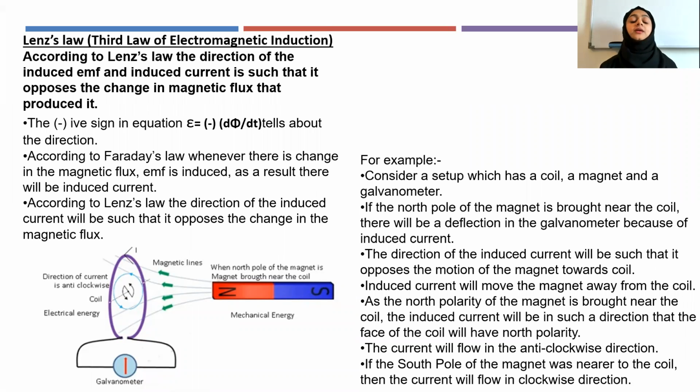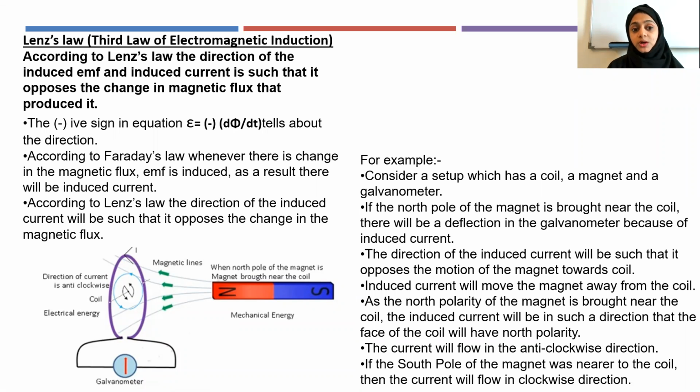Okay. Faraday initially only told about the magnitude of EMF, and the formula that directly comes from Faraday's law is that EMF is d phi by dt. But it was Lenz who introduced this negative sign to that equation. But for clarity of concept, in the law itself, it is mentioned as the negative of the rate of change. That idea of negative was brought actually by Lenz.